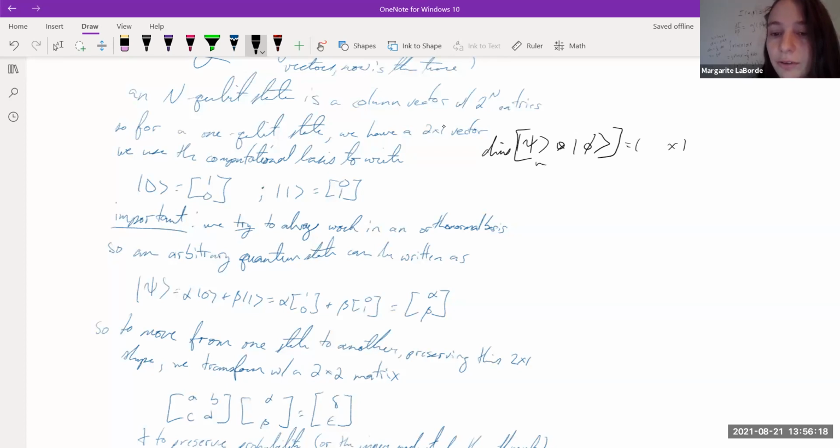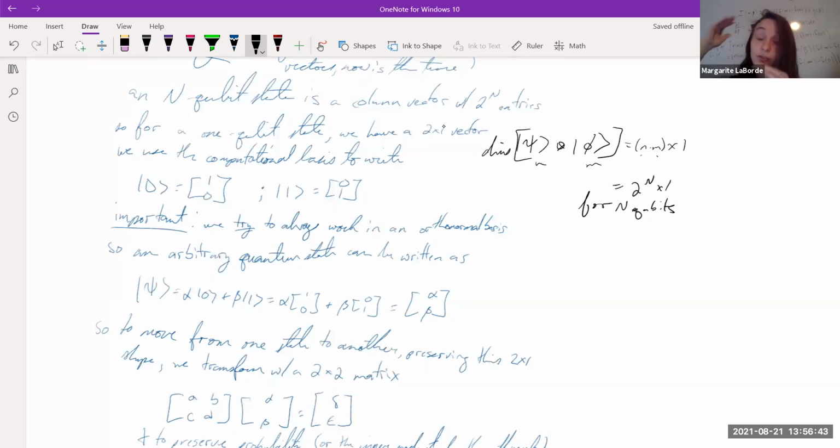So if this has n rows and this has m, it goes like n times m by 1. What does that mean? Well, essentially this is 2, this is 2. You always get 2 to the n by 1 column vectors out whenever you have n qubits.